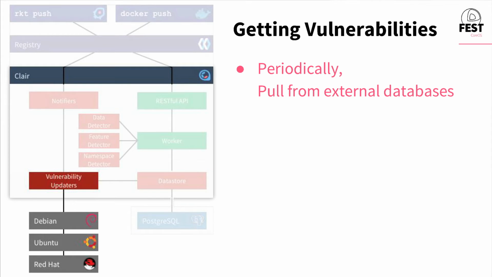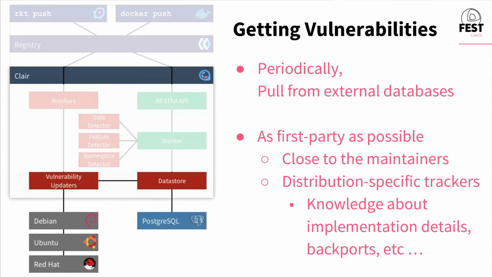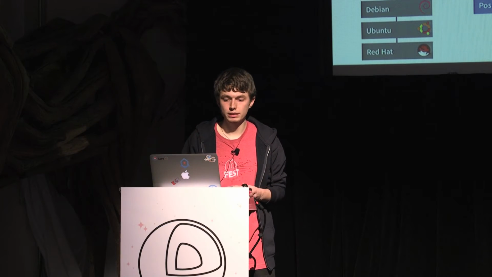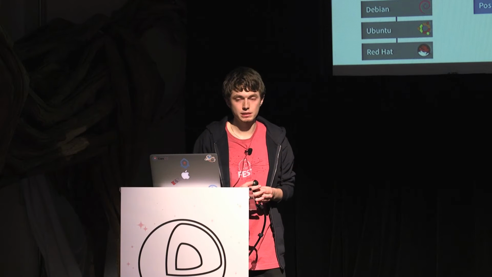Clair exploits first-party databases as much as possible because these databases know very well how their packages are vulnerable. And this is because they have knowledge about implementation details, about backports. These databases are, for instance, the Ubuntu, Debian or Red Hat databases, which are very, very well maintained.